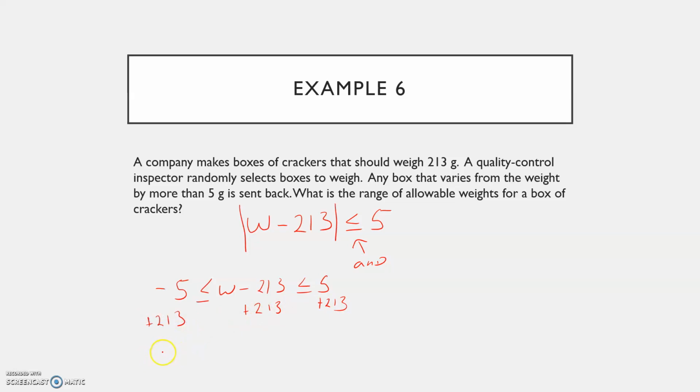When we find the solution, we get 208 is less than or equal to w, so the weight of the box has to be at least 208 or more, but the weight of the box has to be less than or equal to 218. So that gives us our range for what the box can weigh.